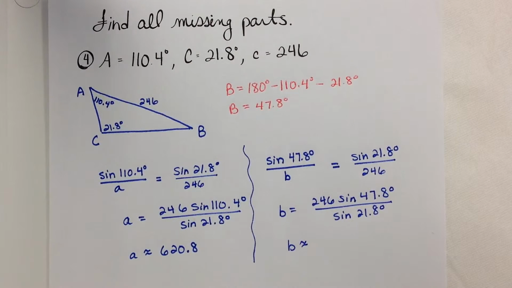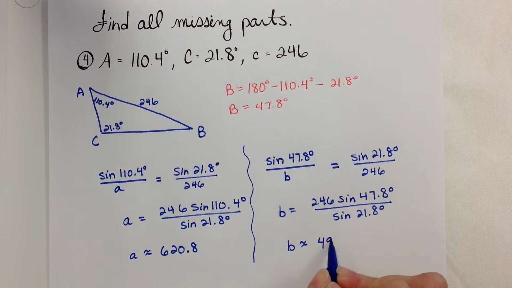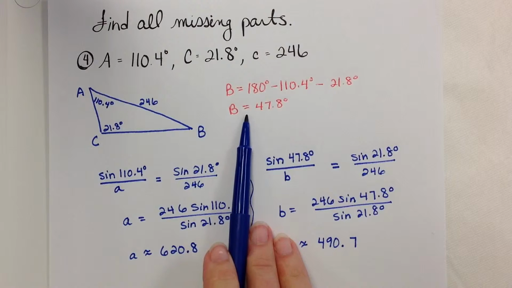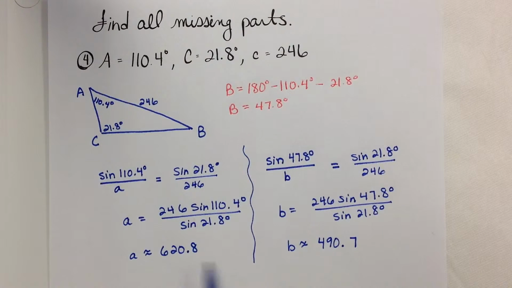Okay, so entering that value into the calculator. That will give me 490.7. So there's the 3 missing parts: angle B, side A, and side B.